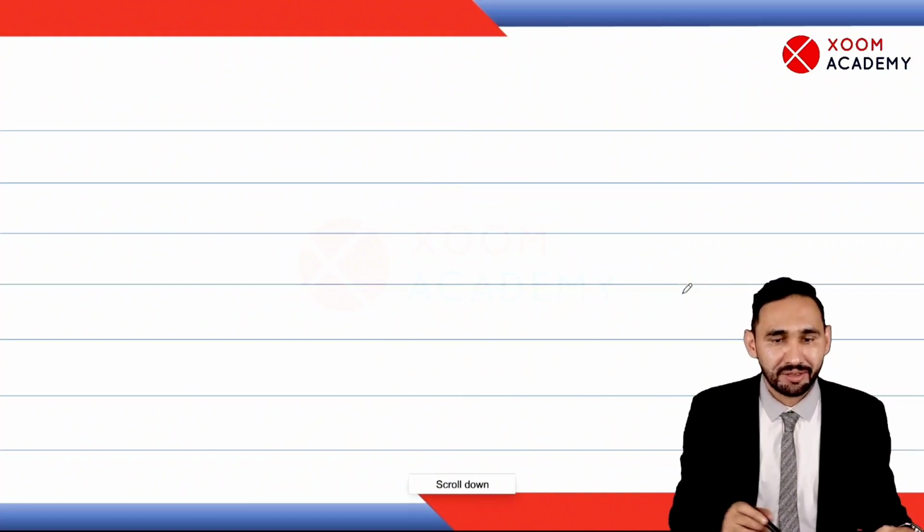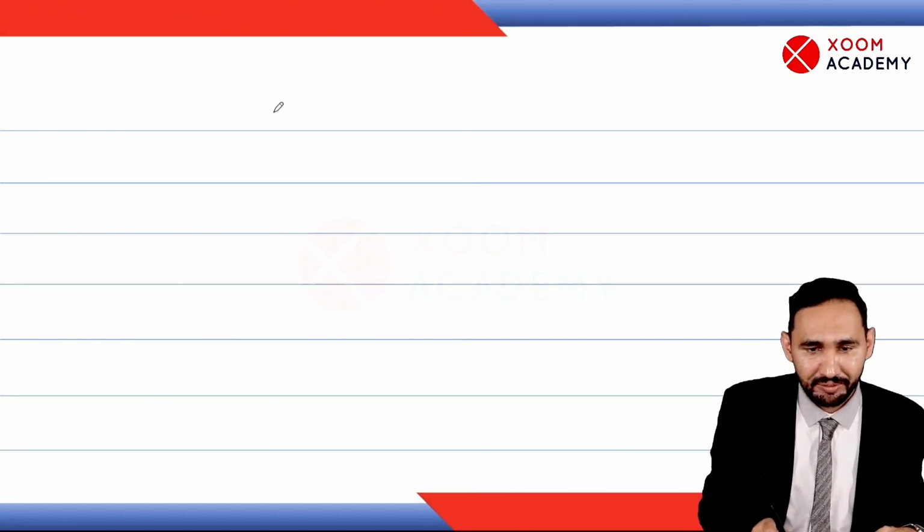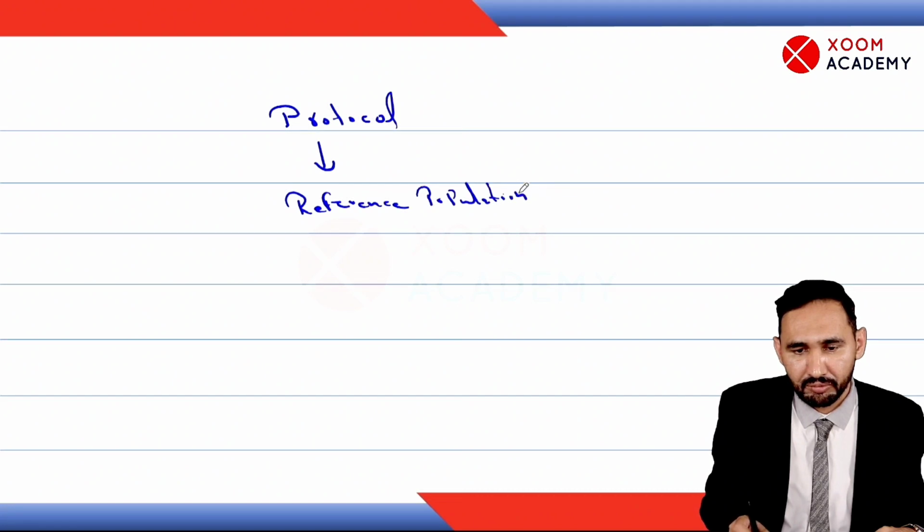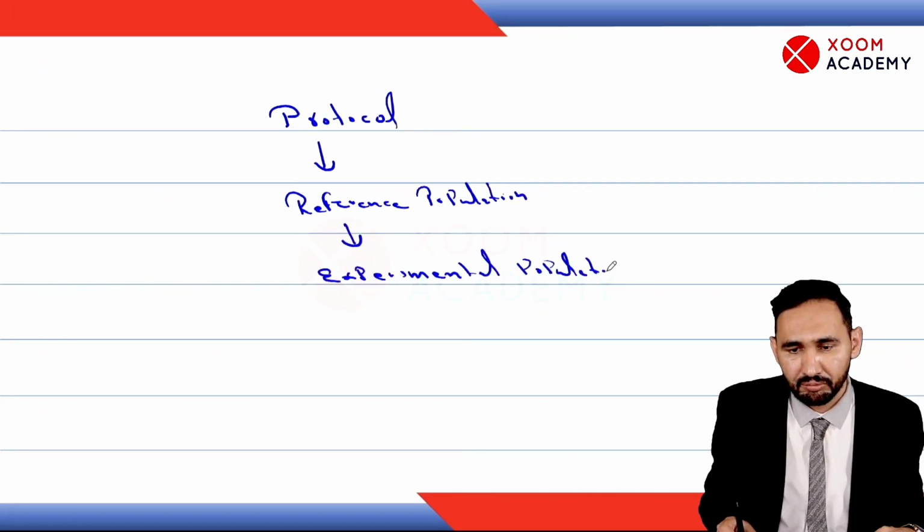So you must remember them: study protocol, then reference population, then experimental population, then randomization.